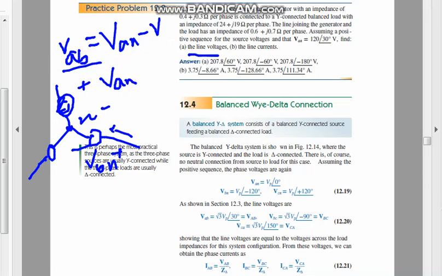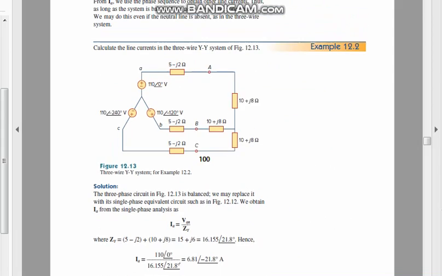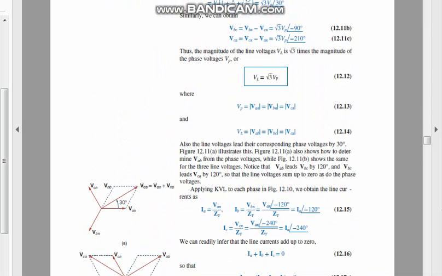Now you can calculate it. As it is a balanced three-phase system, we can use another relation we learned earlier: the line voltage VL equals root 3 times VP, the magnitude of the phase voltage.